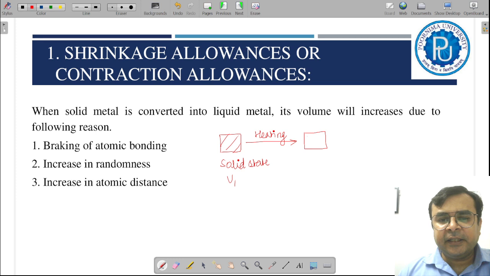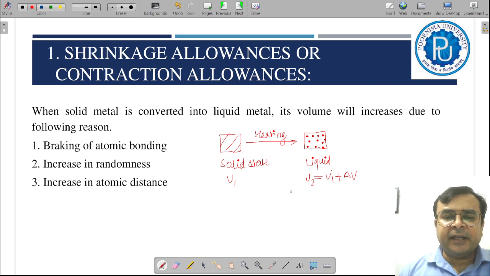If I see its volume, then obviously in the liquid state its volume will be slightly larger than the initial volume. Let's say this is V2, and this V2 is nothing but V1 plus delta V.